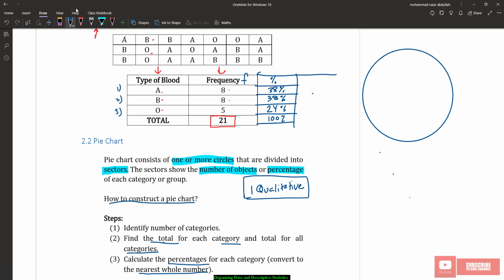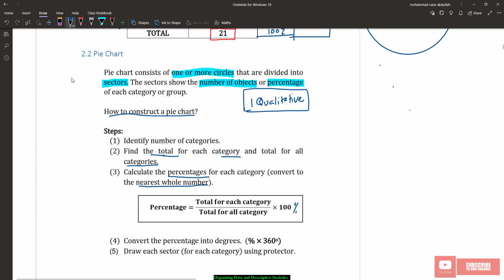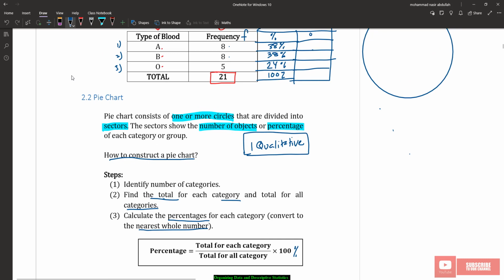And then we need to calculate a degree. So not degree Celsius, wrong. So degree only. So we need to calculate for degree. Degree is calculated by using this formula: percentage multiply with 360. So 38 over 100 multiply with 360, it should be equal to 136.8. 136.8.